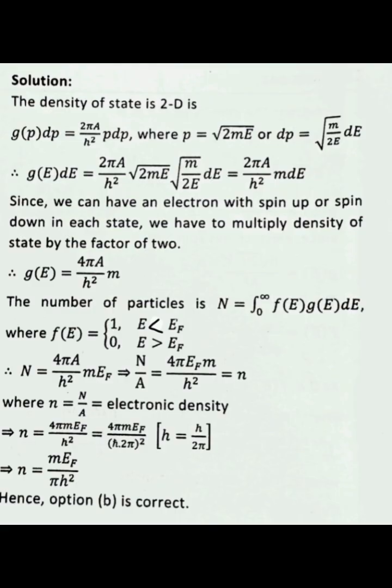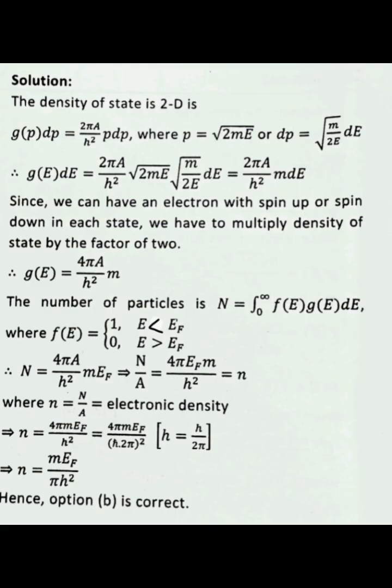Therefore G of E dE is equal to 2 pi A by h square root over 2mE square root over m by 2E dE, and this is equal to 2 pi A by h square m dE. And we know that the spin degeneracy is equal to 2. So multiplying with 2, we get G of E is equal to 4 pi A by h square m.